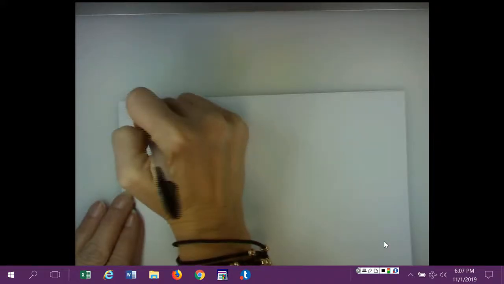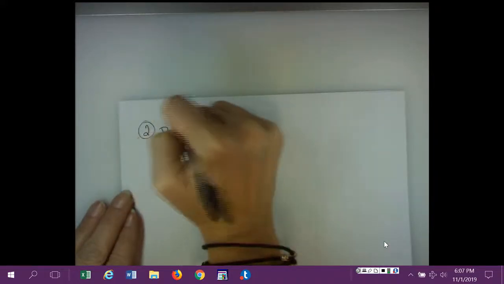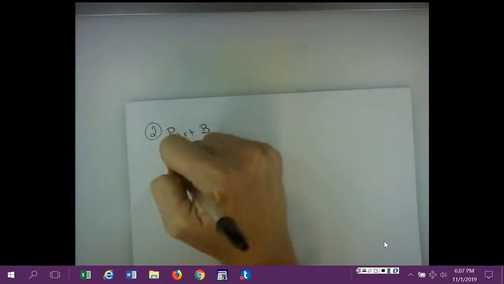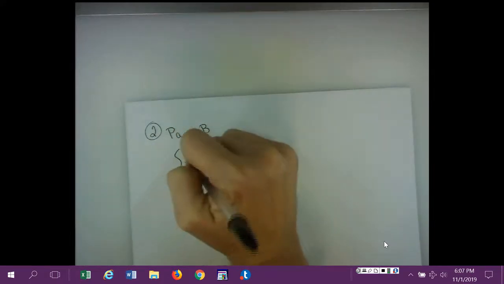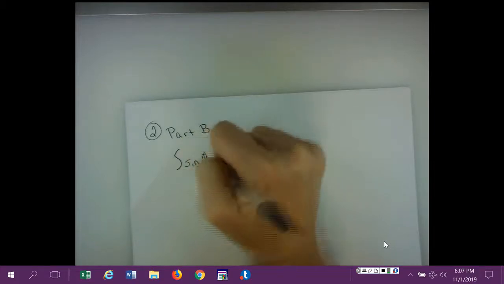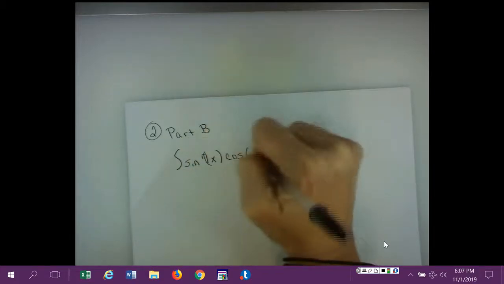Now, for the second problem, I guess you would call this part B. I want to show a problem where you have a product of sine and cosine. You don't use the table, but you use the trig identities. And the problem that I'd like to show you is sine of 7x cosine of 3x.